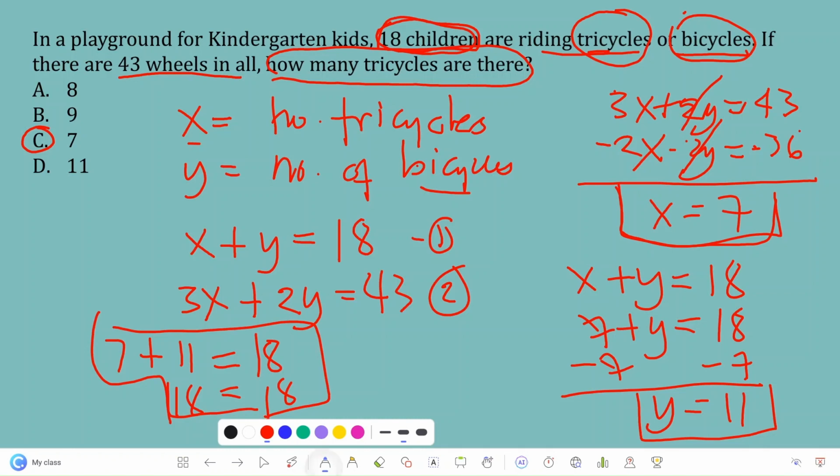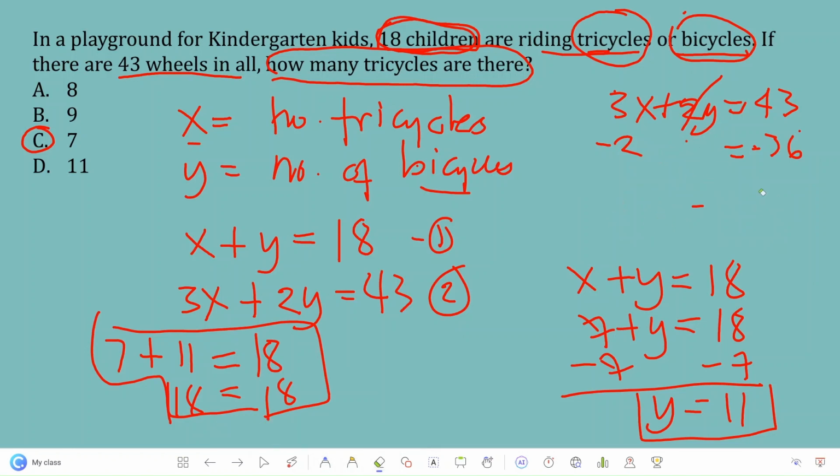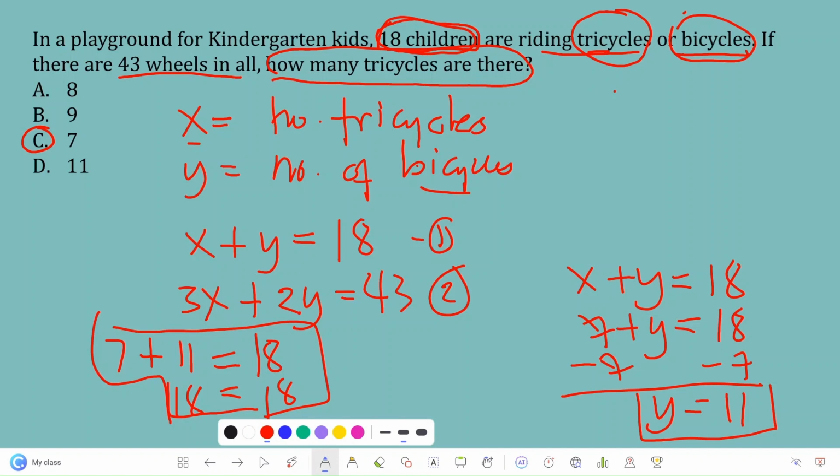Ngayon, punta naman tayo sa equation 2. In order for us to be sure na tama, the values of x and y should also satisfy the second equation. Dito, meron tayong 3 times x. Ano ba ang x natin? Ang x natin is 7. So, 3 times 7 plus 2 times y natin na 11 should be equal to 43.